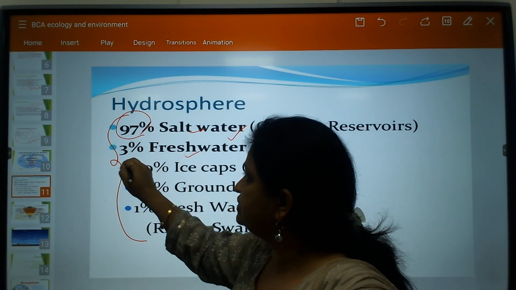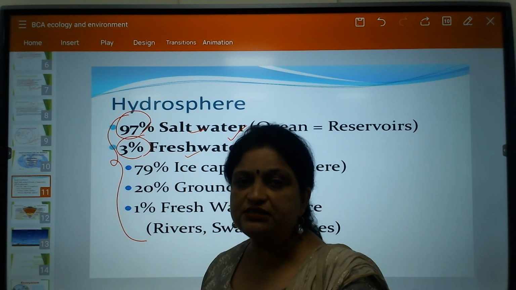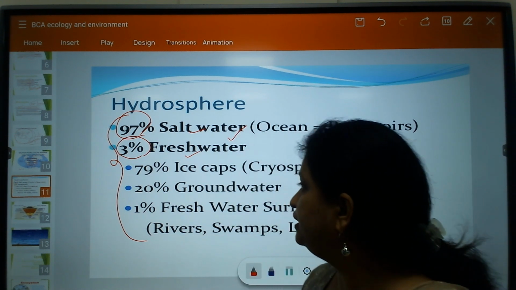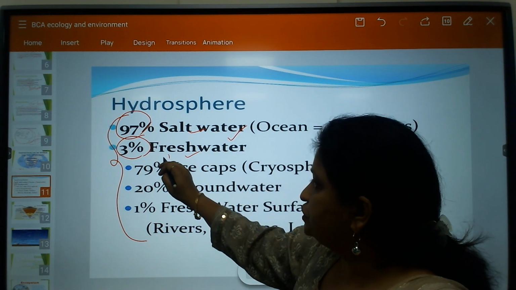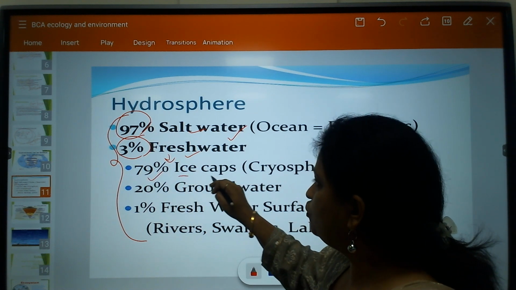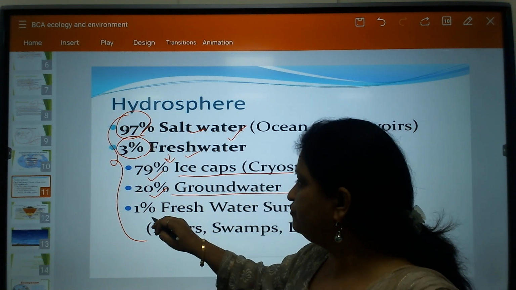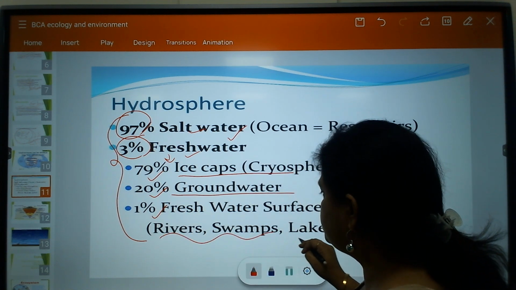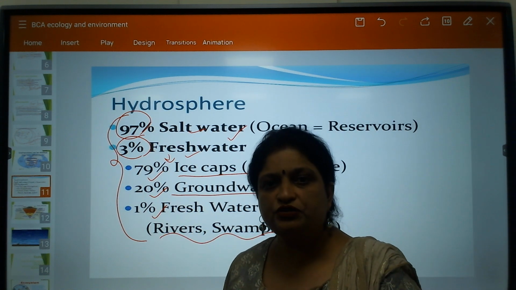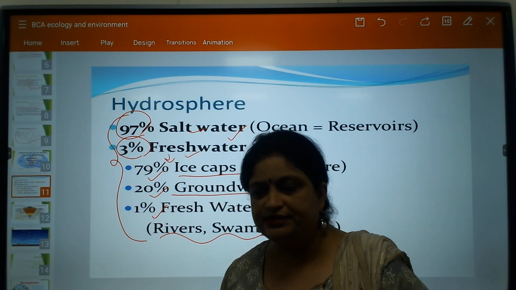The percentage is 97% salty, and only 3% is fresh water, in which 79% is locked in the ice caps, 20% is groundwater, and 1% is surface water, rivers, swamps, lakes, which we can see with our eyes.